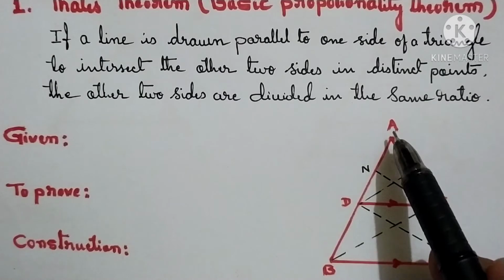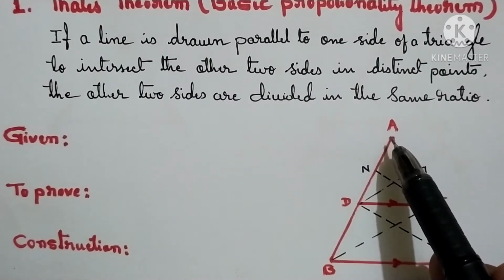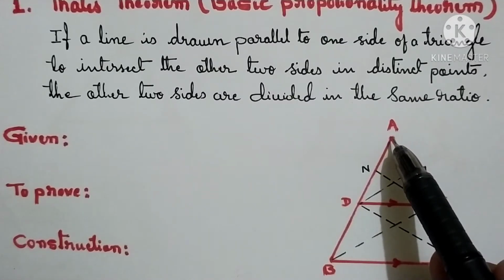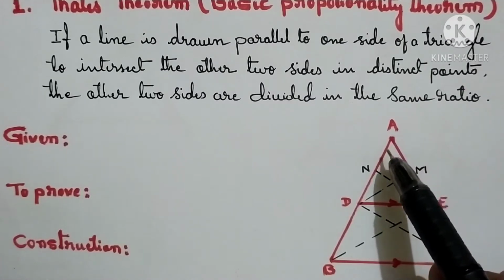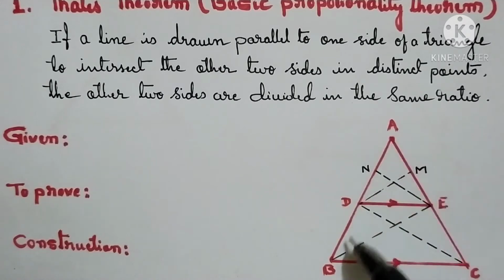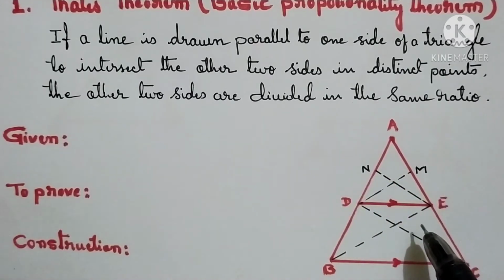The other two sides are divided in the same ratio. So here we have to prove that the other two sides are divided in the same ratio.